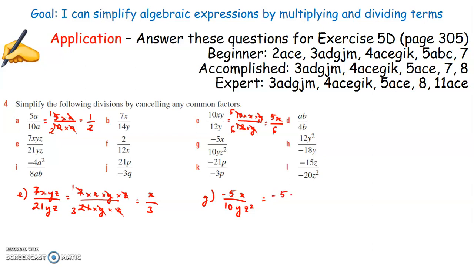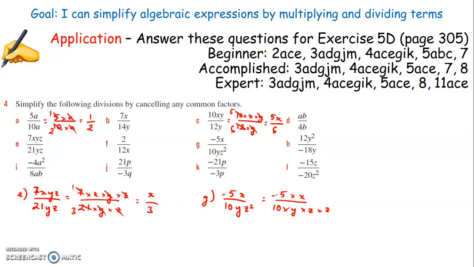So we have negative 5 times x over 10 times y times z times z. Z squared is z times z. Now, what number can go into negative 5 and 10? The number would be 5.